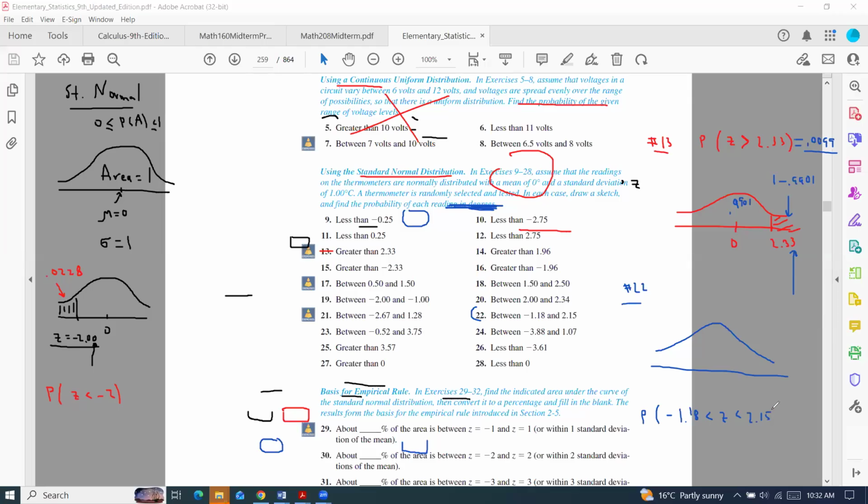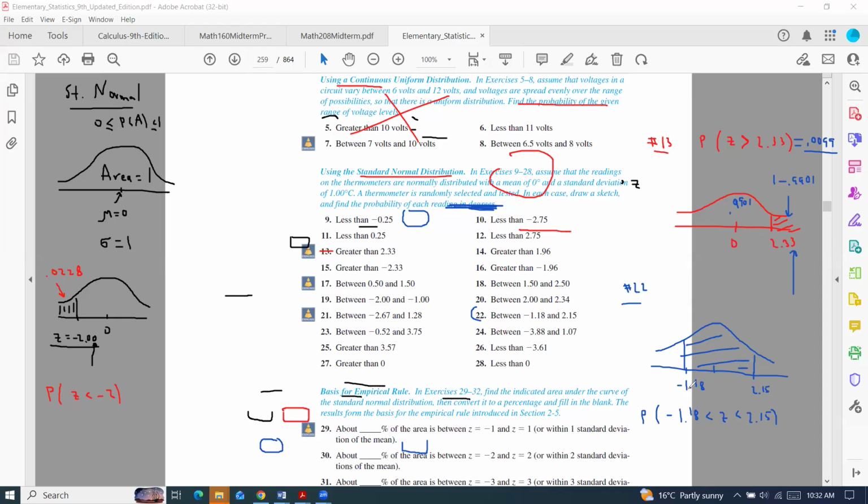Well, then you need to use tables twice. Again, 0 is always in the middle, so 2.15 is bigger than 0. All right, and then negative 1.18 is smaller, so it is somewhere to the left. And then the area of this region that I must calculate, I need to do in 2 steps.